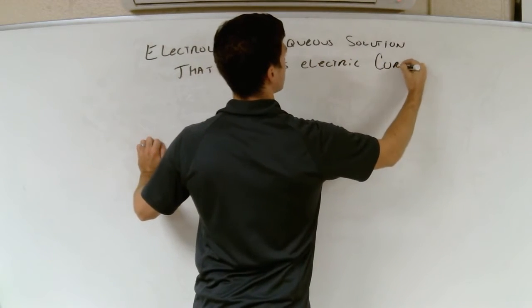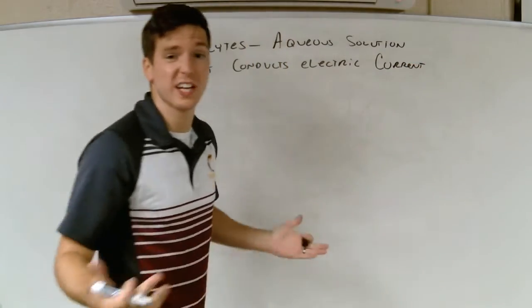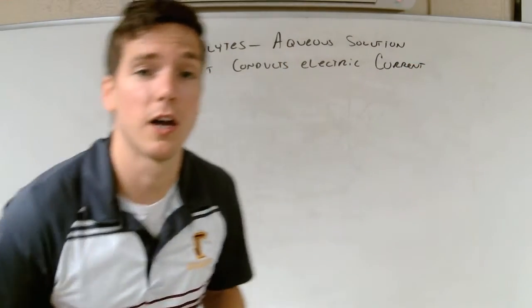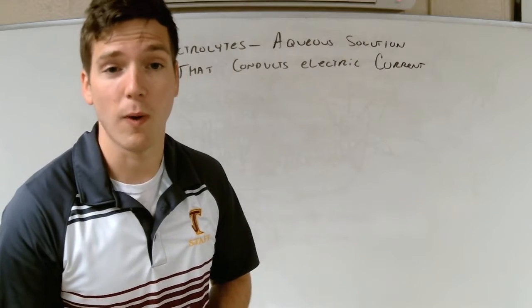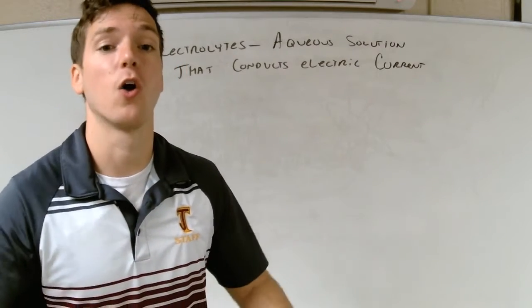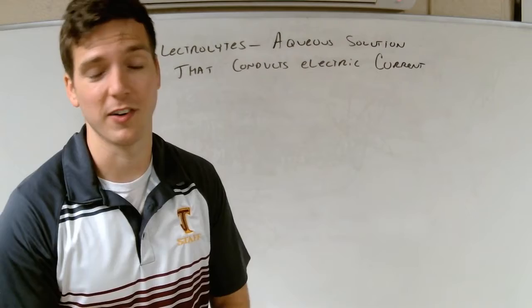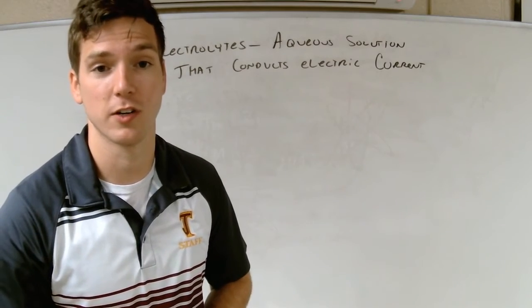So it's just a liquid that conducts electric current. A strong electrolyte is salt water. It conducts electric current. A weak electrolyte is pure water. It doesn't conduct electric current.